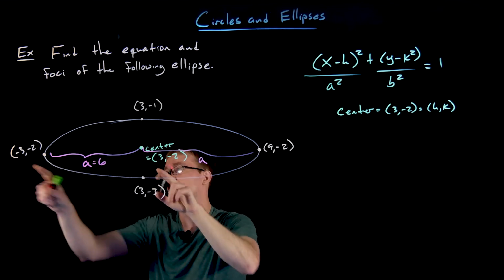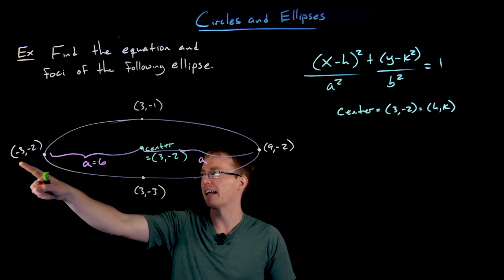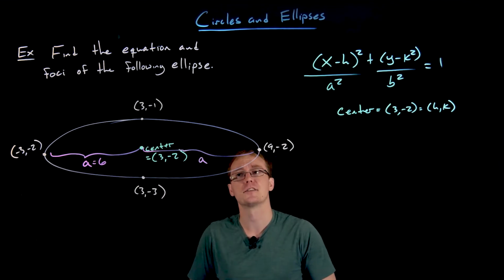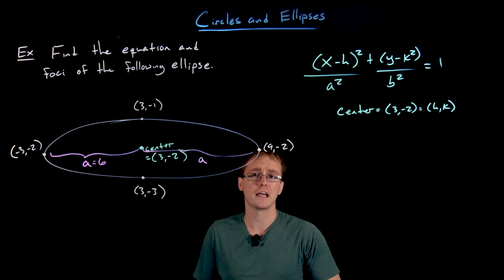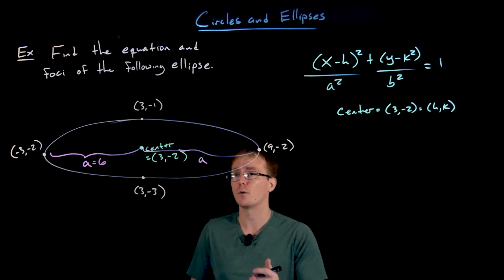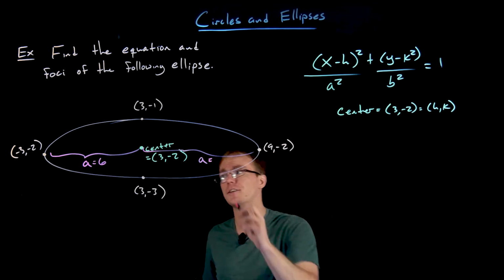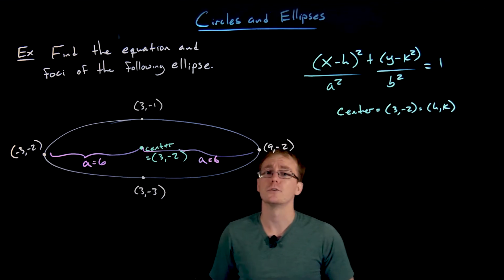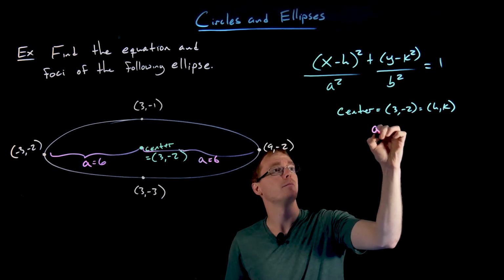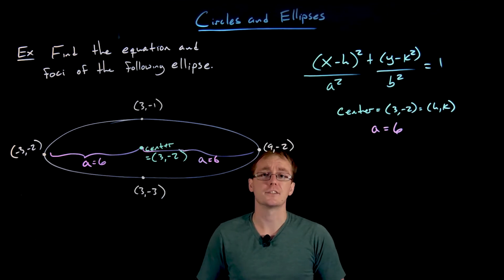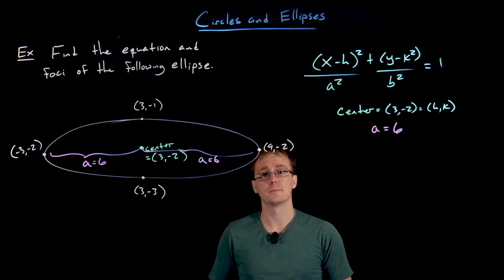And it looks like that horizontal distance is 6. We have to add 6 to -3 to get to +3. And we can double check that on the other side as well, which is a nice thing to do. Always check if you can. What do we have to add to +3 to get to +9? Well, that's also 6. So a is going to be equal to 6 in the equation for our ellipse.